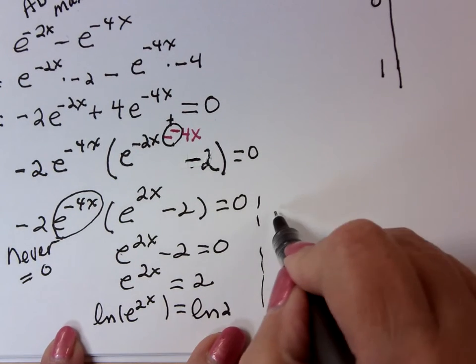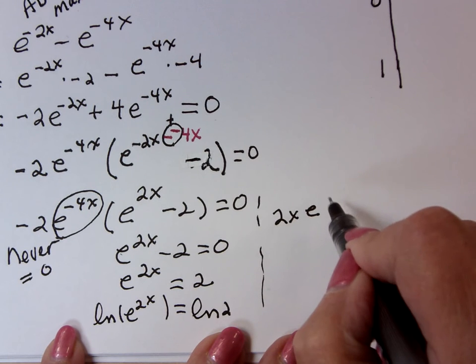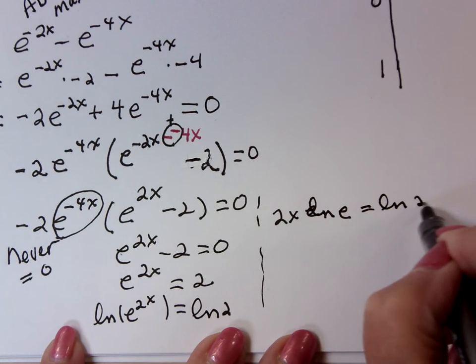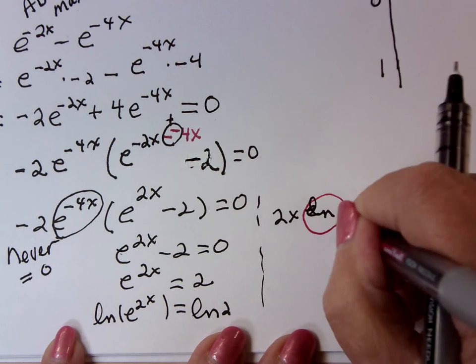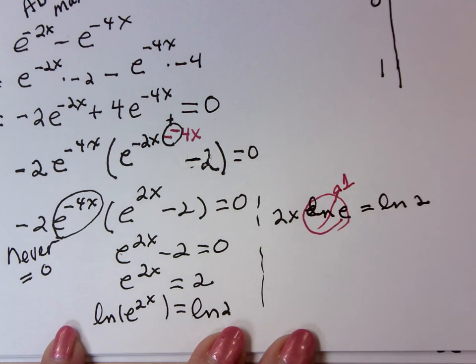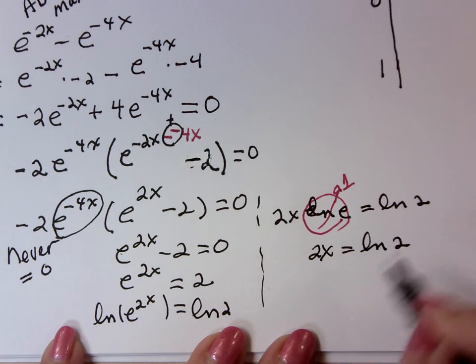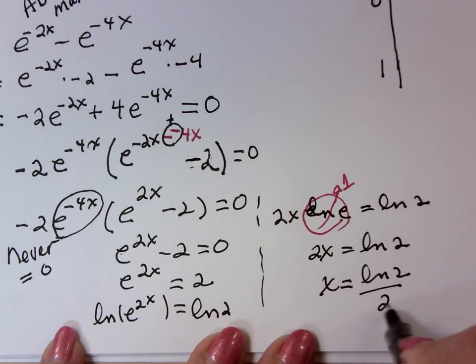So that 2x, natural log of e equals the natural log of 2. So I can bring the exponent down in front using properties of logarithms. Natural log of e is just 1. So that 2x equals the natural log of 2, or x is the natural log of 2 divided by 2.